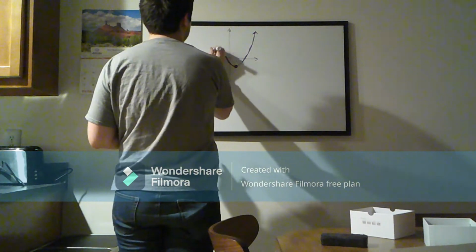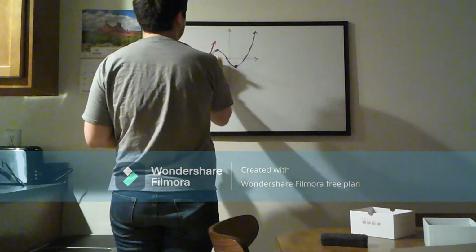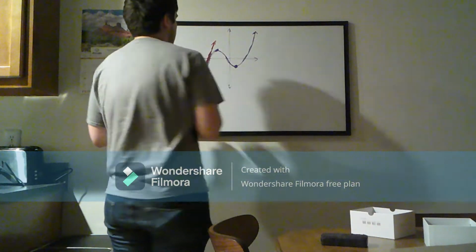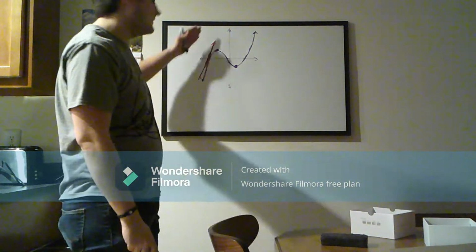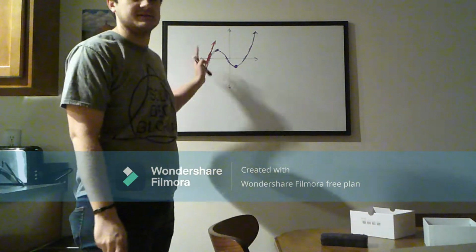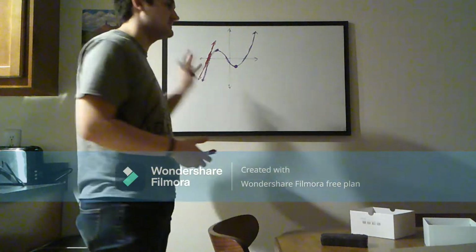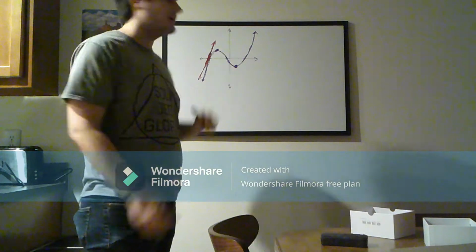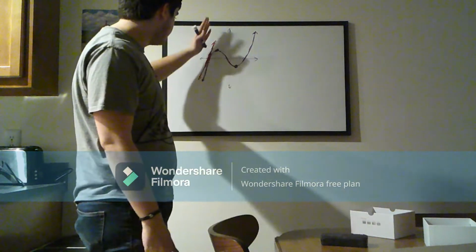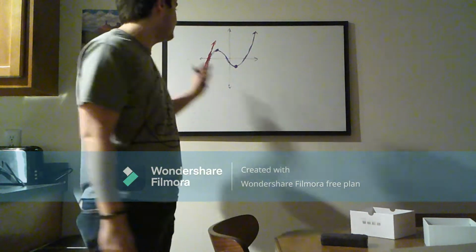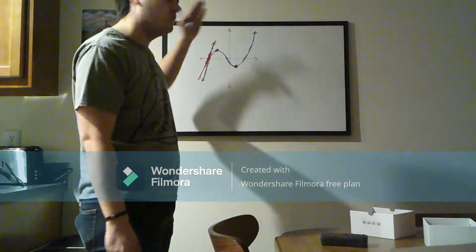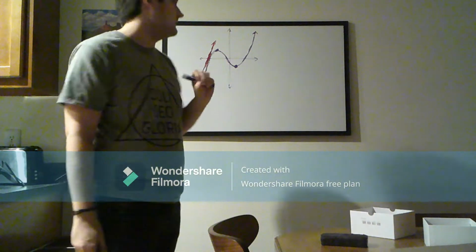Not sure if this will be clear enough here, but I'll try to mark it on the picture. So here's a tangent line to my graph at this given point. We've talked about tangent lines, finding the slope of a tangent line at a given point. We have this tangent line that's falling right alongside the curve. And so we can get an idea of where the curve's going at these points, right?